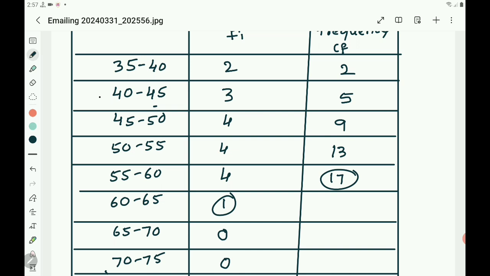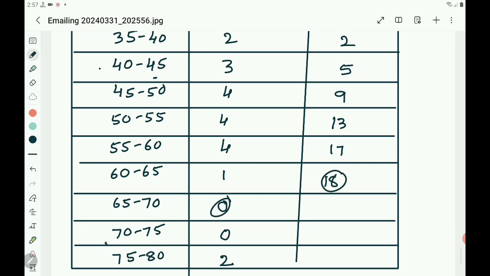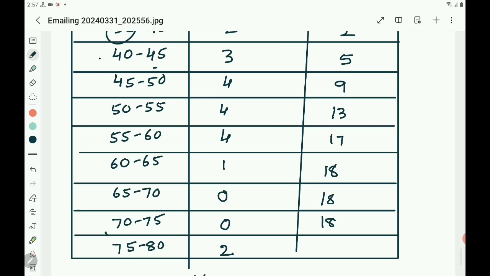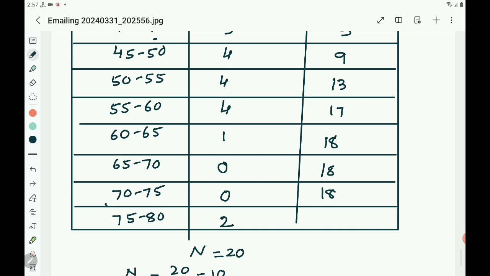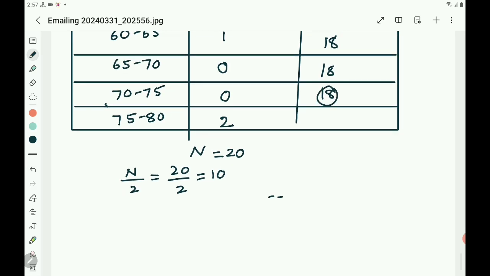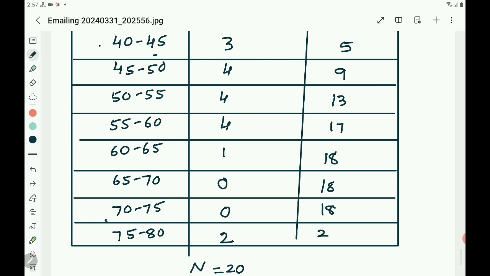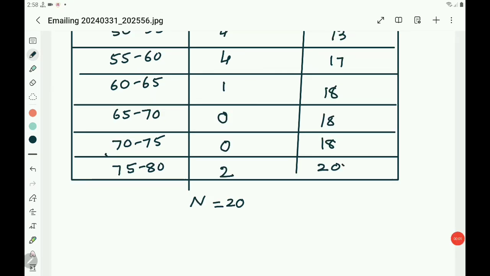That is 17 plus 1, 18. Next, 18 plus 0, 18. Again 18 plus 0, 18. Then last, that is from 35 to 80. So 18 plus 2, which is equals to 20. This last CF must be equals to n. N equals 20. Last CF is also 20.